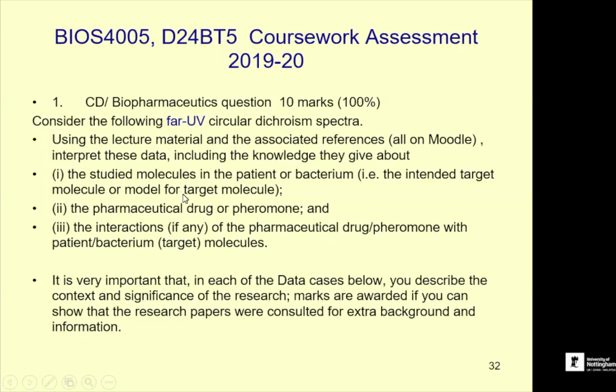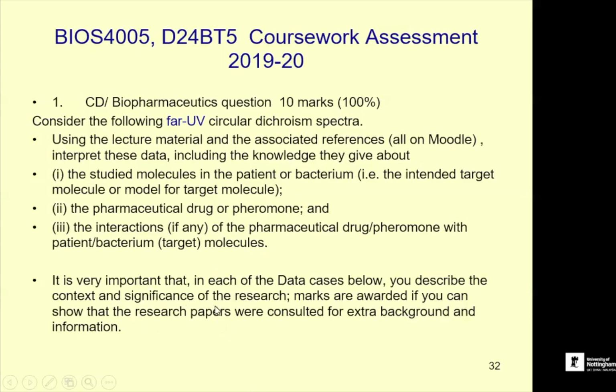And you're asked to provide a number of things, not just interpret the data, but set it in context with regard to what drug we're talking about, what target it's interacting with, and the biology behind it, so that we know that you're getting an understanding of how the CD can be useful for solving different research questions. So it's the background as well, and that's explained in the written version of this coursework, which is on Moodle now, so you can download it to get started.